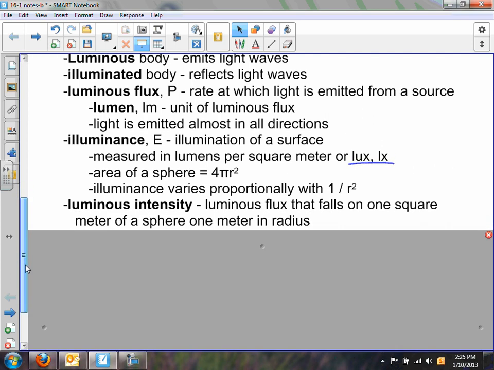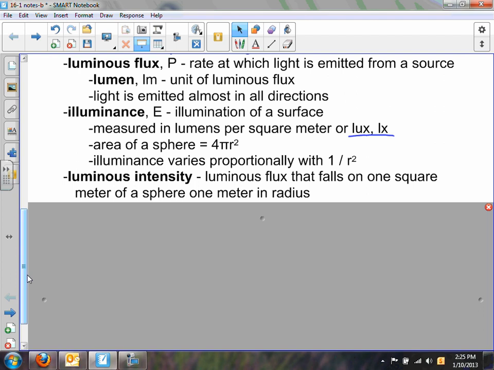Luminous intensity is the amount of flux that falls on exactly 1 square meter of a sphere, 1 meter in radius. So if you can imagine a sphere, 1 meter in radius, that would have a total area of 4 pi r squared. 1 squared is just 1.